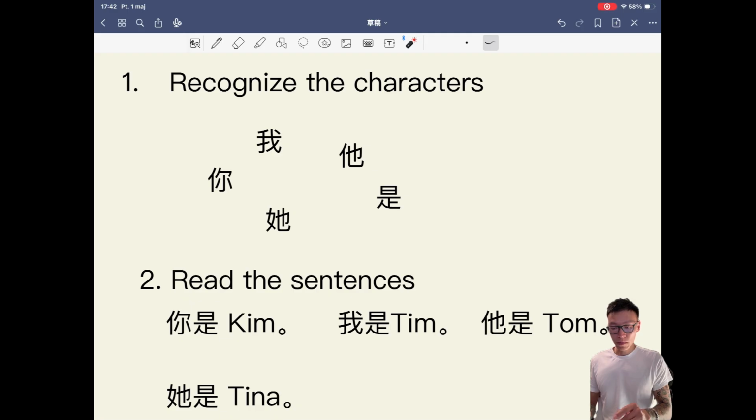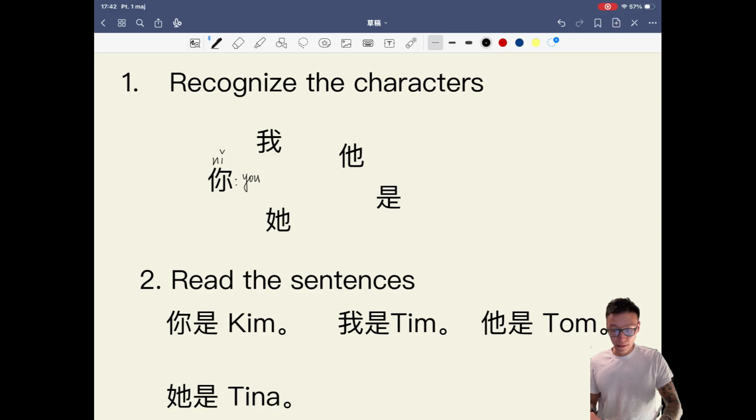Do you still remember what it is? Right? It's ni, and it means you. Okay? And if you want to write with me, please take out a piece of paper and let's write together one more time. How to write ni? Remember, whenever we are writing Chinese characters, most of the time we start from left to right, from top to the bottom.